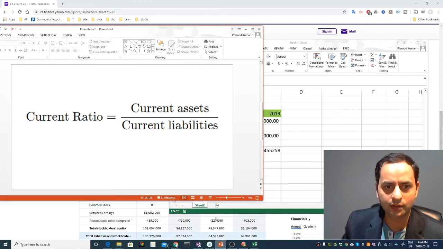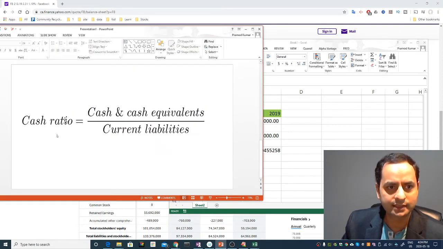One more important ratio I want to show here is the cash ratio, which is the total cash, whether pure cash or marketable securities, divided by the current liabilities.